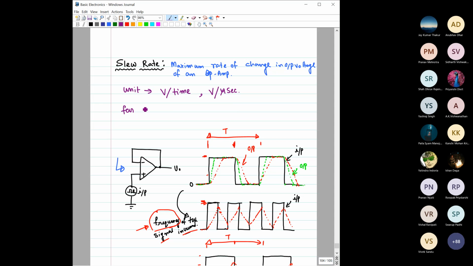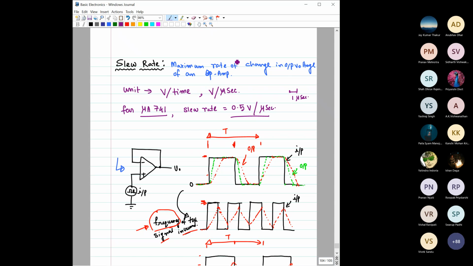For the 741, you remember 741 is the op-amp IC, right? For which this slew rate is 0.5 volt per microsecond.